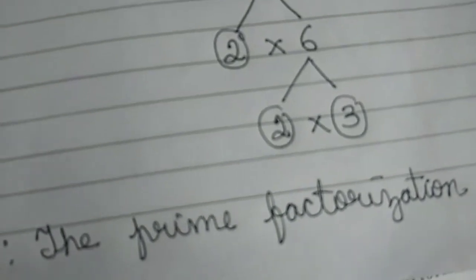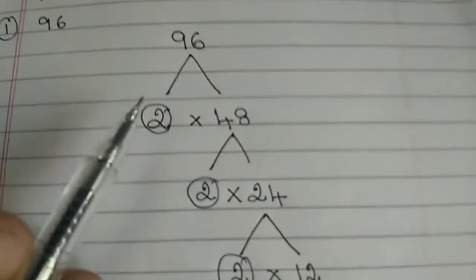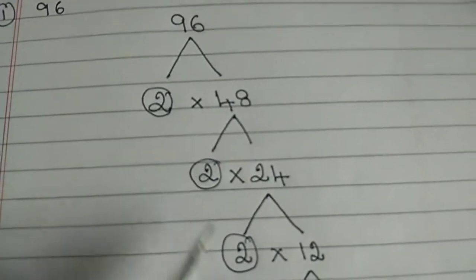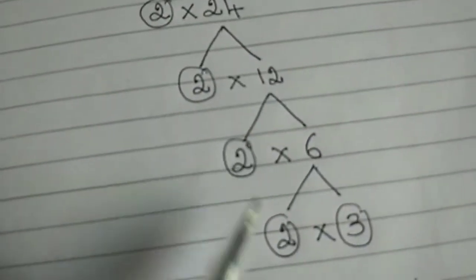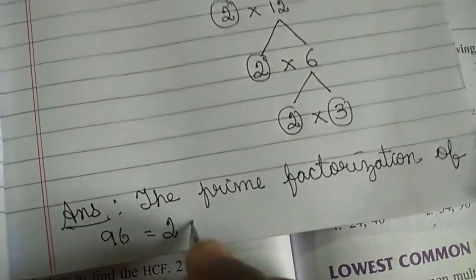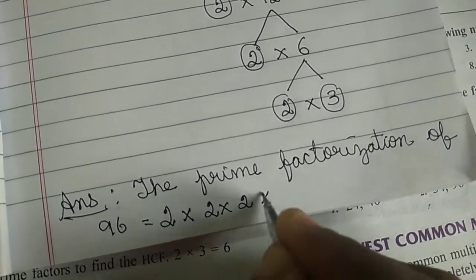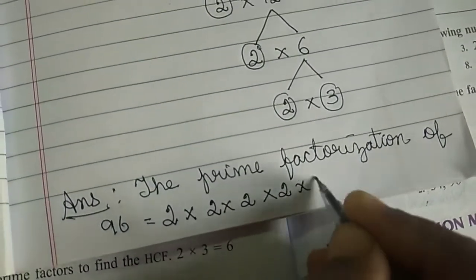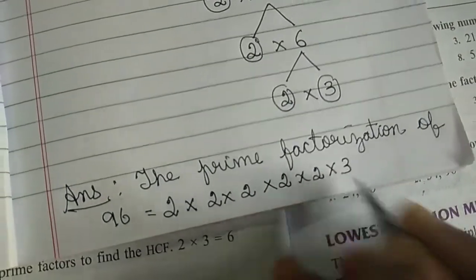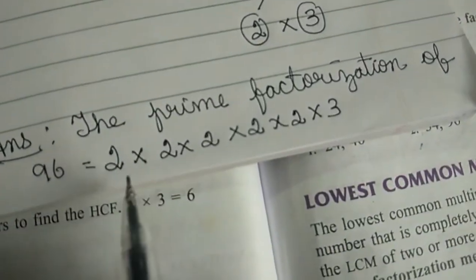What are the prime factors, children? 2, 2, 2, 2, 2 and 3. So what you have to write is 2 into 2 into 2 into 2 into 2 into 3. When you multiply, you will get 96.